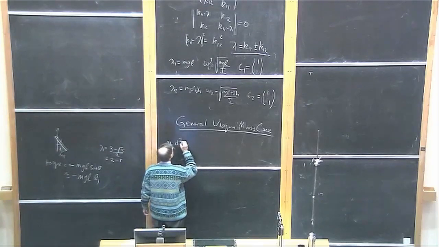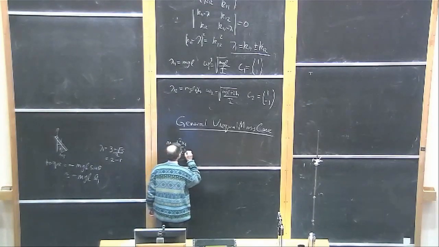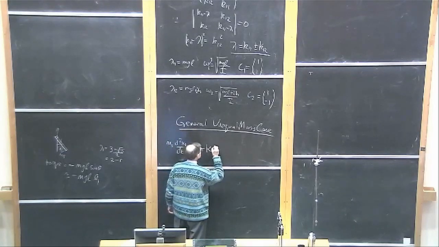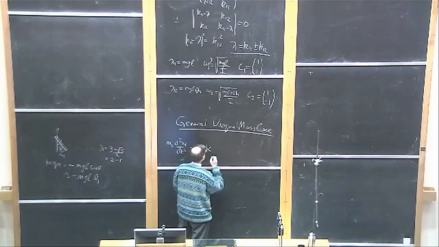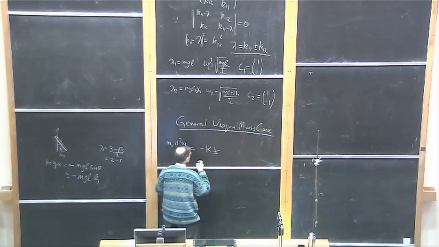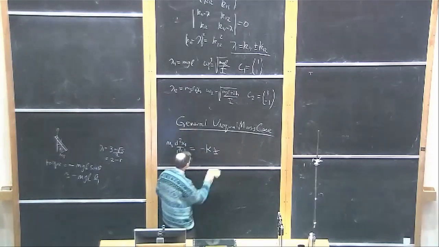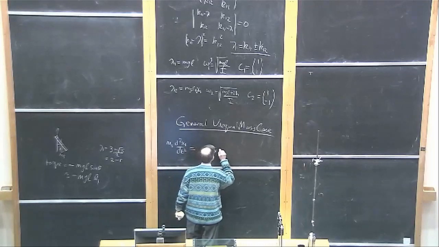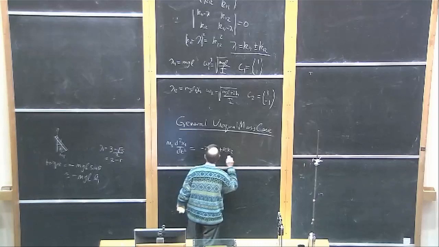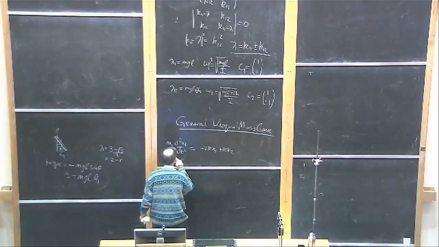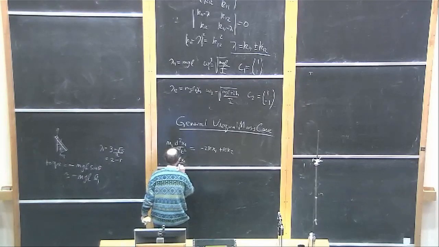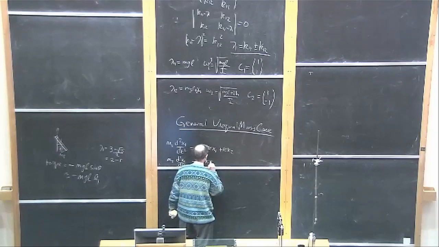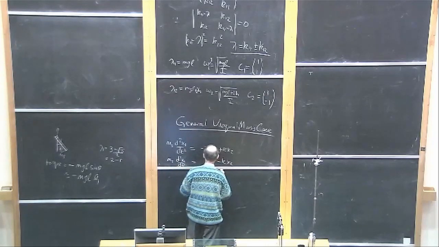So we have m1 d2x1 by dt squared equals, well, it doesn't change this side of the equation, minus 2k x1 plus k x2, and m2 d2x2 by dt squared is k x1 minus k x2.